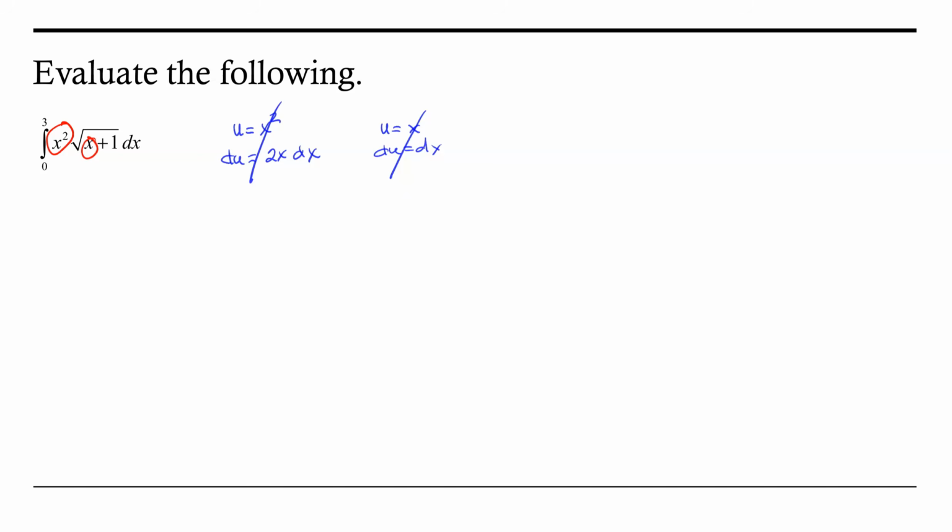Well, what if we let u equal x plus 1? So what if we let all of this under here equal u? Then you might be wondering, okay, fine, but what about the x squared?